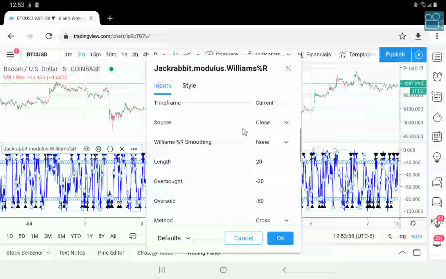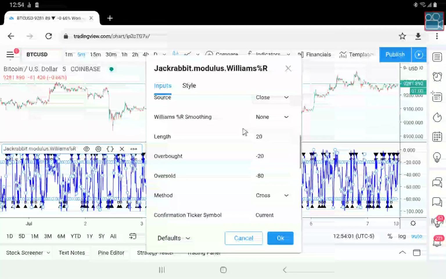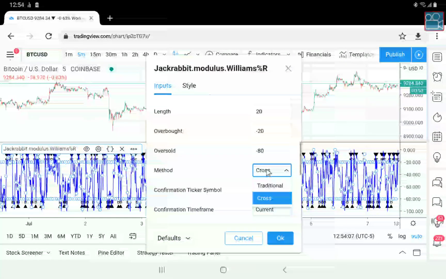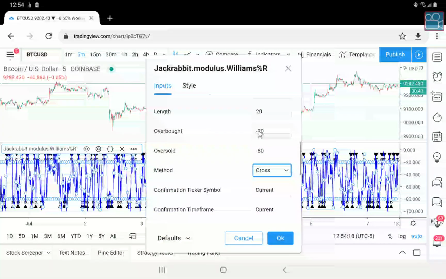Many people regard this as an inverted stochastic. It supports two methods, the crossover and the traditional, and you'll notice that its numbers are in the negative. This is actually normal for the Williams percent R indicator.